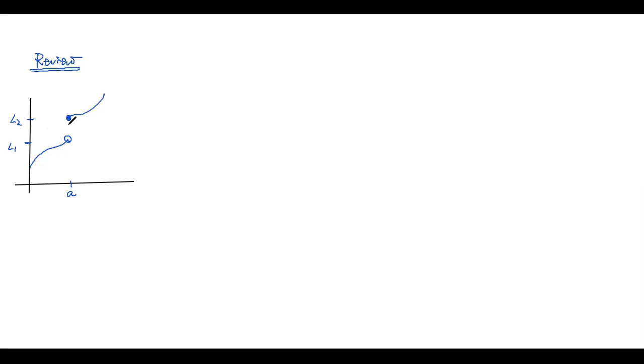So what does this violate? You see, when the limit of f of x as x approaches a from the right-hand side, my limit is L2. And if you say the limit as x approaches a from the left-hand side, f of x is equal to L1.